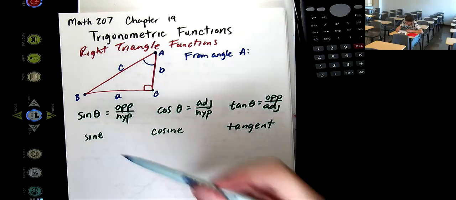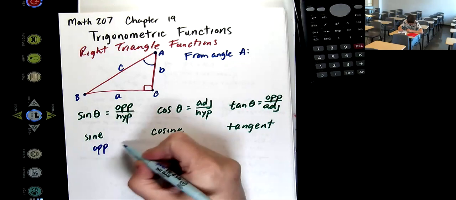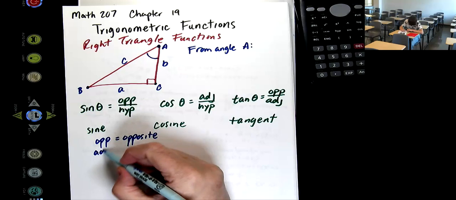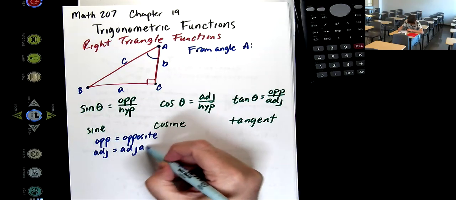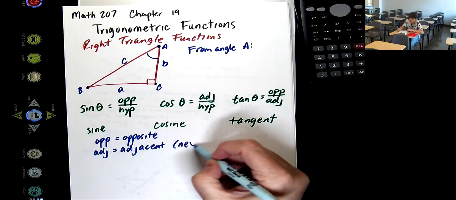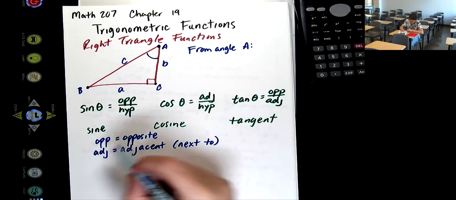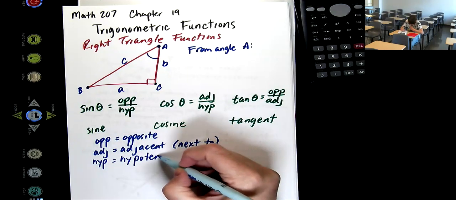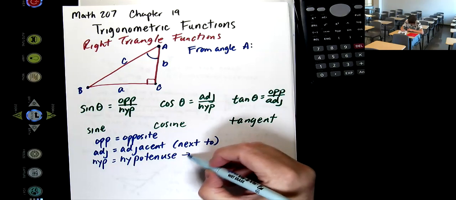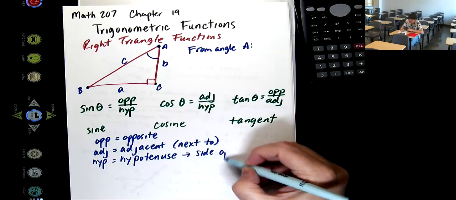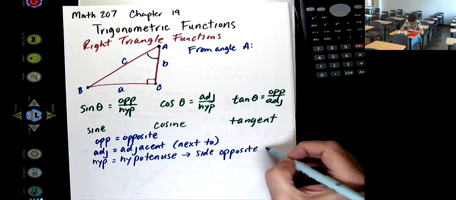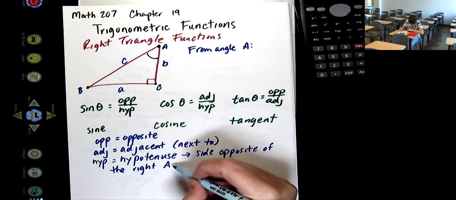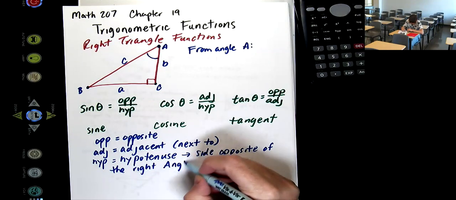And those letters are short for OPP is opposite, ADJ is adjacent, which means next to, and HYP is hypotenuse, which is the side opposite of the right angle, or the 90-degree angle.